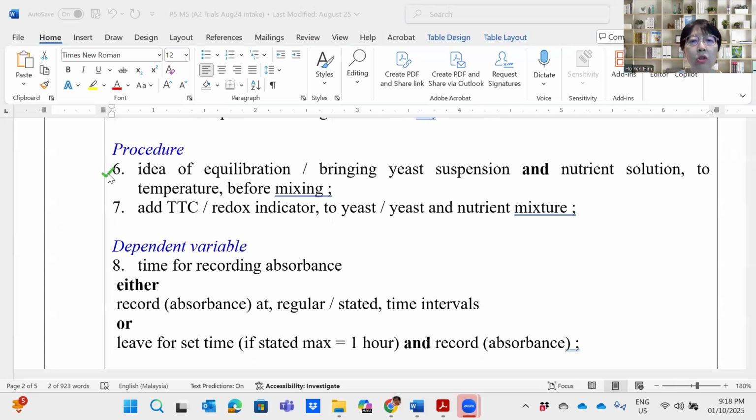we are going to put the yeast in a water bath, right? So therefore, every time we put something in a water bath, we need to allow time to equilibrate. So you remember last time when you did an experiment involving enzyme and substrate, and we want to test the effect of temperature, right? Okay. So let's say I want to use temperatures of 20, 30, 40, 50, 60 degrees Celsius.